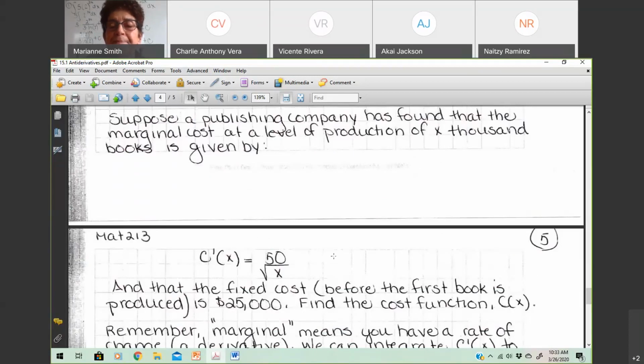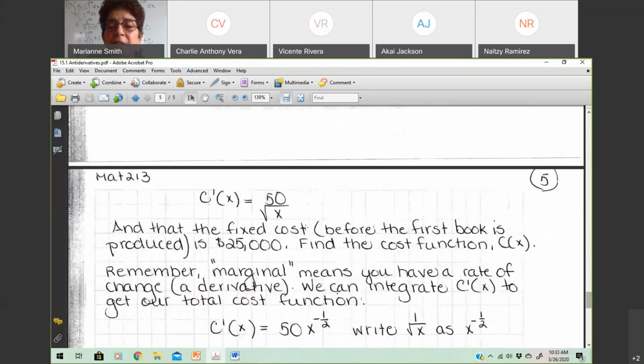What they want to know is, they say the fixed cost, that means before the first book is produced, is $25,000. Find the cost function C of X. Fixed cost means $25,000 is what you're going to have to spend before you produce even 1 book.